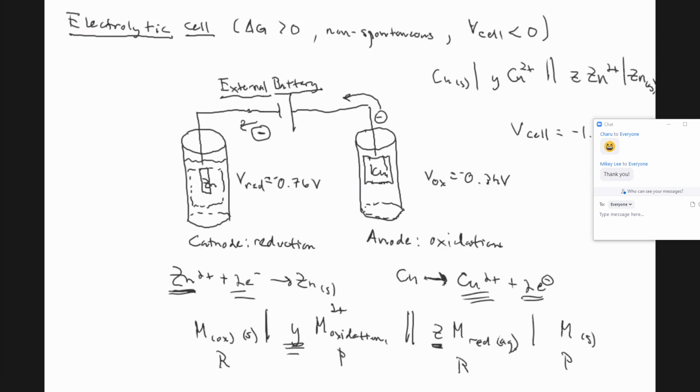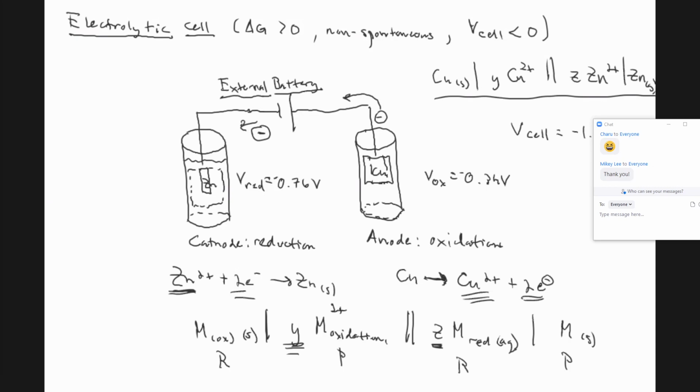Okay, so this is how it would have been written. So this is the shorthand notation to say, hey, that's a redox reaction that we have occurring, and you need to figure out the oxidation potential, the reduction potential, and the electrochemical cell potential, or the voltage of that cell. Okay, and that just tells you the ideal voltage when it first starts.